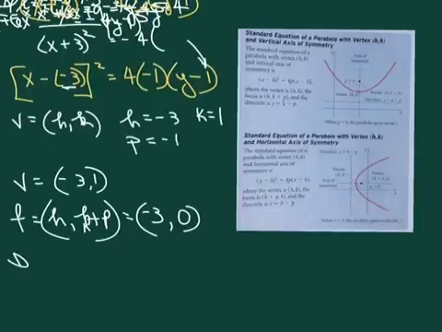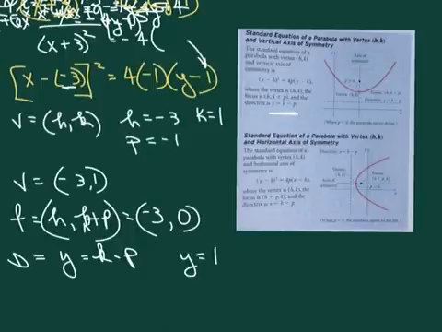My directrix, it says, is y equals k minus p. Okay, so that's my directrix right there. So my directrix is basically an equation because it's a line, so it's going to be a linear equation. And my k is 1 minus, and my p is negative 1, or y equals 2.